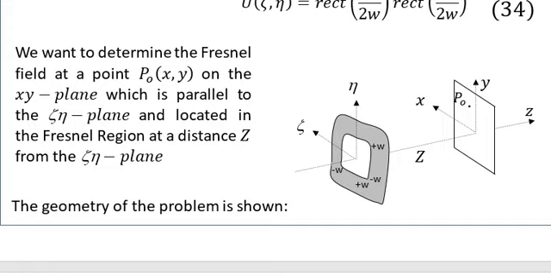The field at the zeta eta plane within the clear aperture is known. We want to calculate the field contribution at the point P naught on the xy plane, which is parallel to the zeta eta plane and separated by a distance capital Z from it. The z axis passes through the origin of both coordinate systems.